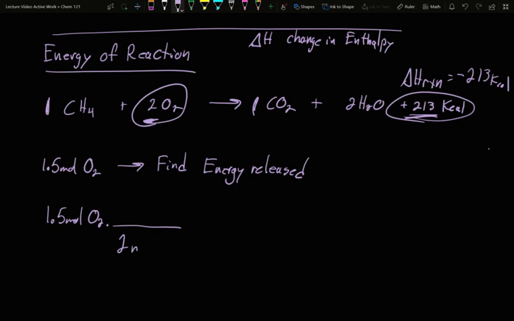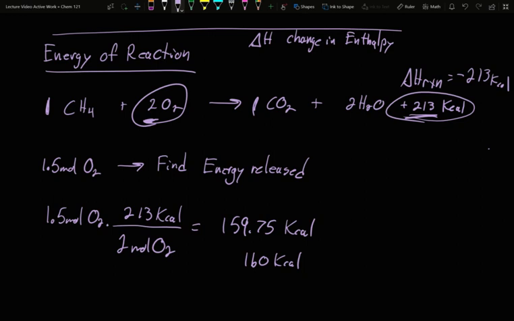So there are 2 moles of O2 for every 213 kcal. So if I successfully burn 1.5 moles of O2 with methane, well, we're going to find that that is 159.75 kcal, or basically 160 kcal.